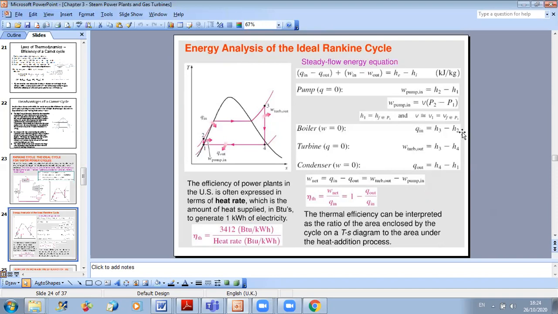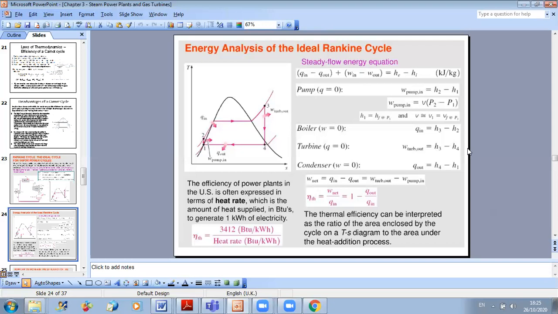Now for my turbine, what is happening? I am producing work. So this is a positive work for me. This is why for the turbine I write the same equation as for the compressor, and I end up with W turbine equal to H3 minus H4.